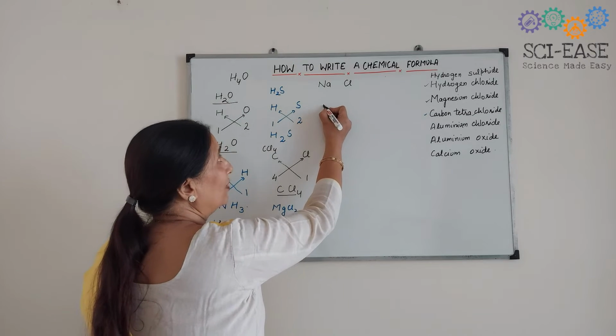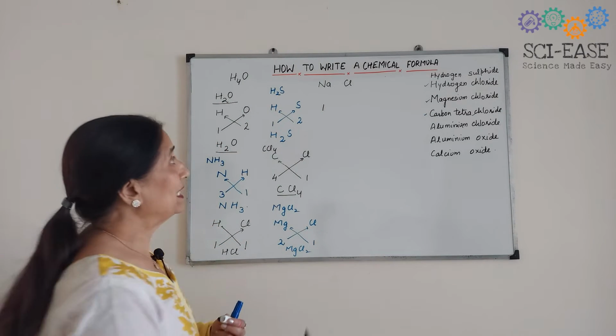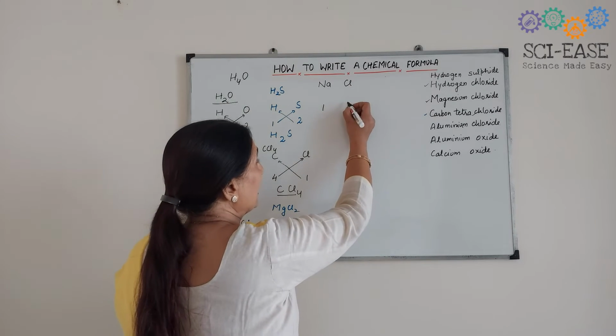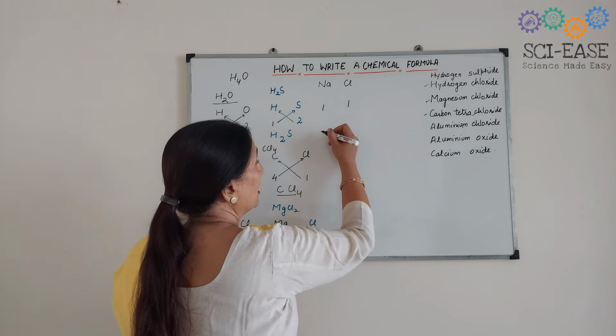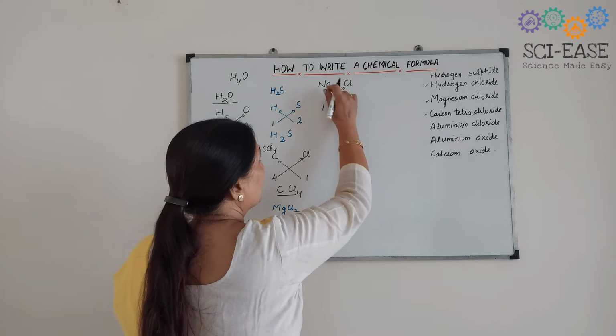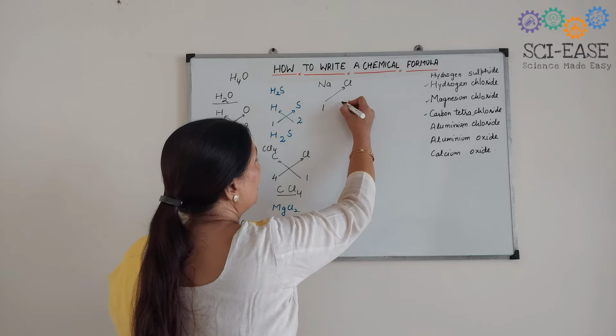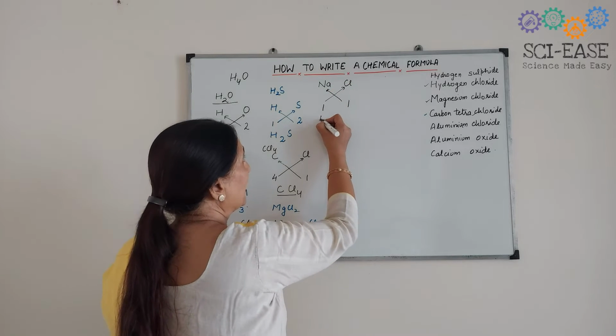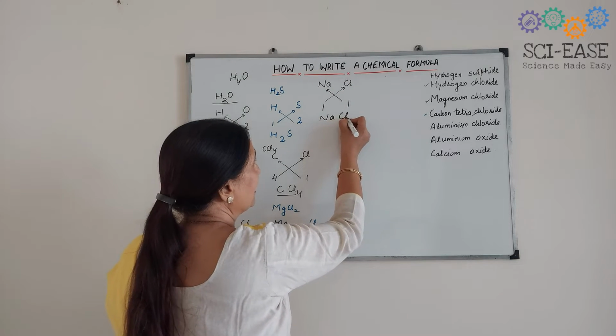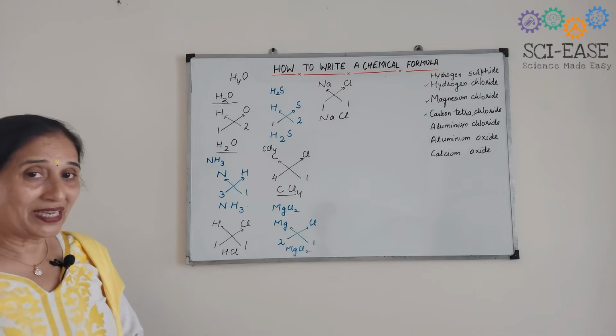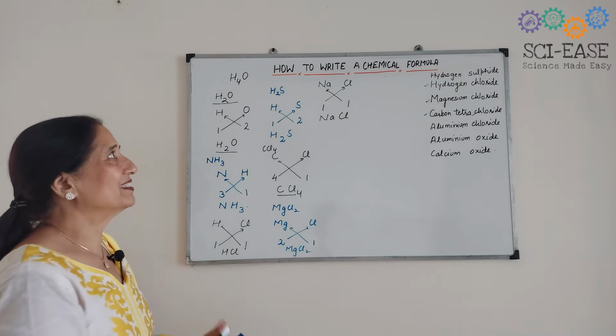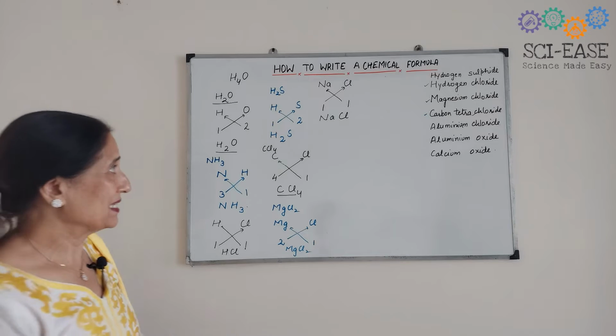Sodium is monovalent, having valency 1, and Cl has valency -1. It is a cation and it is an anion. Cross it, what will you get? NaCl. One thing I want to tell you, that is why I have taken sodium chloride.